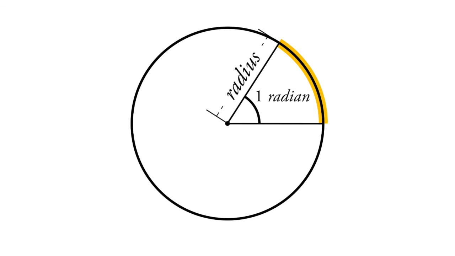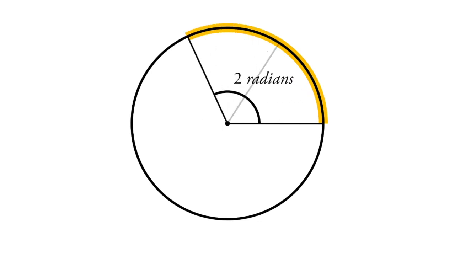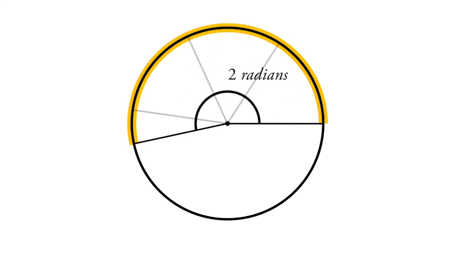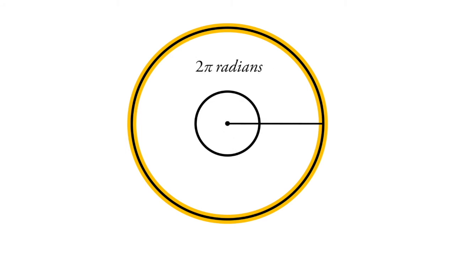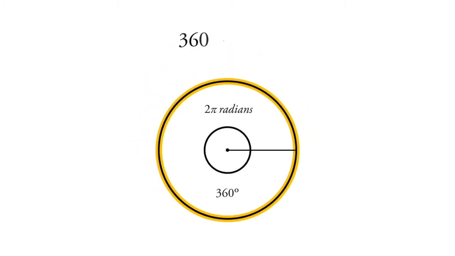It's worth the confusion of going from degrees to radians because it makes more sense. So 2 radians is this much, and if we keep going around, we see we have a little bit more than 6 radians. How much more? Well, basically, we have 2 pi. 2 times pi is the total angle. So 360 degrees is 2 pi, and you probably knew that.